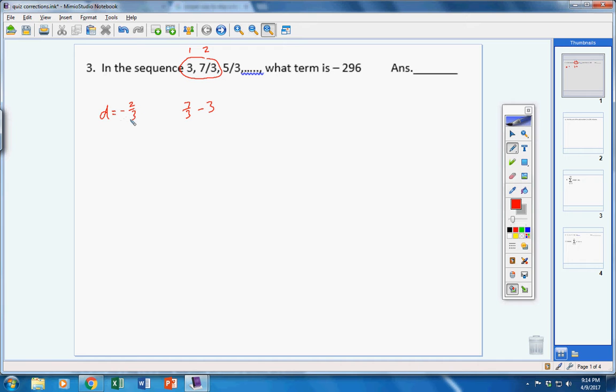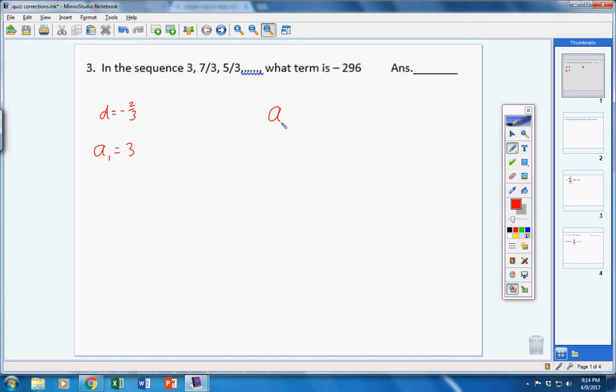Or if you wanted to, you could have subtracted terms 2 and 3. But if you did that, remember the higher term is term 3, so that comes first. 5/3 minus 7/3, which is negative 2/3. Okay? So your common difference is negative 2/3. Your a subscript 1 is 3. Now we're trying to find what term negative 296 is.